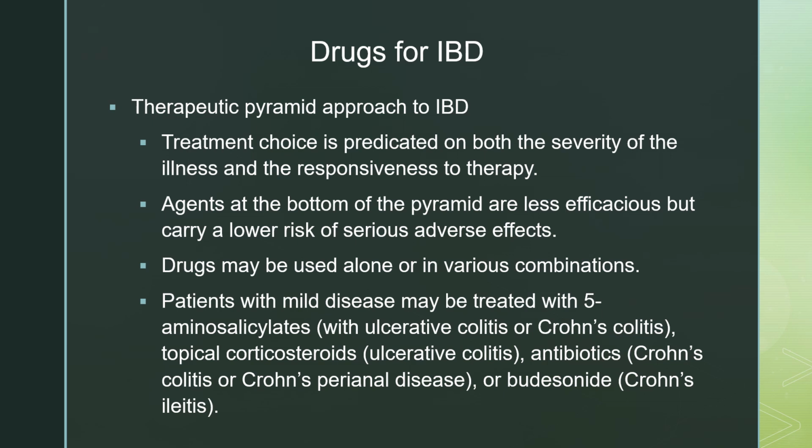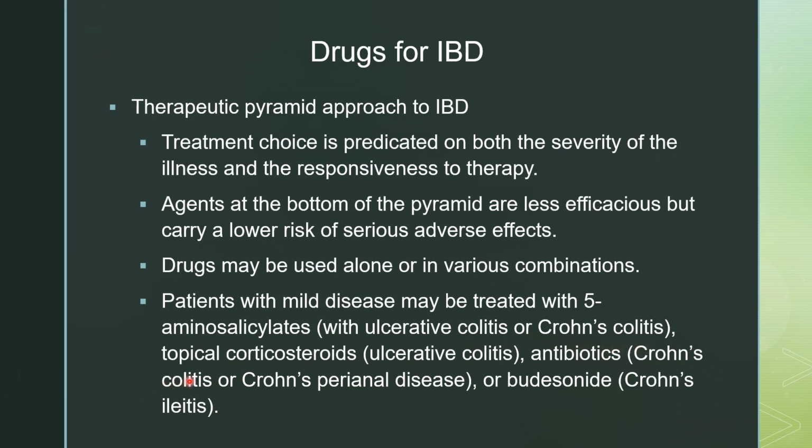The treatment of choice is predicated on both severity of the illness and responsiveness to therapy. Those agents at the bottom of the pyramid are less efficacious, but carry a lower risk of serious adverse events. Drugs may be used alone or in combination. Patients with mild disease may be treated with your 5-aminosalicylates, especially with ulcerative colitis or Crohn's colitis.